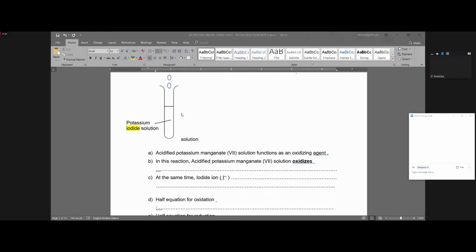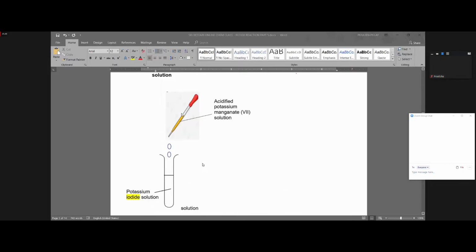Try C. Iodide ion reduces potassium dichromate to become potassium manganate(VII)... Not very accurate.